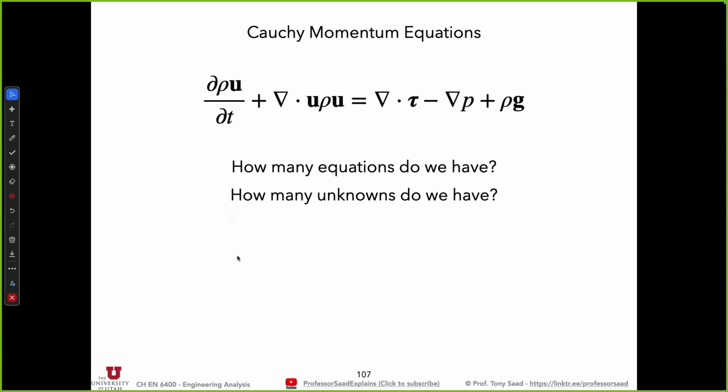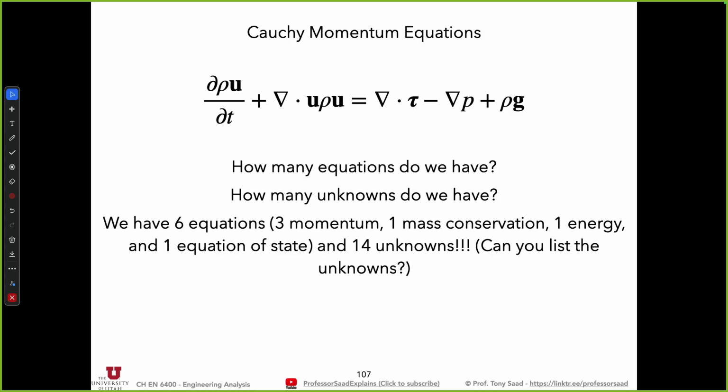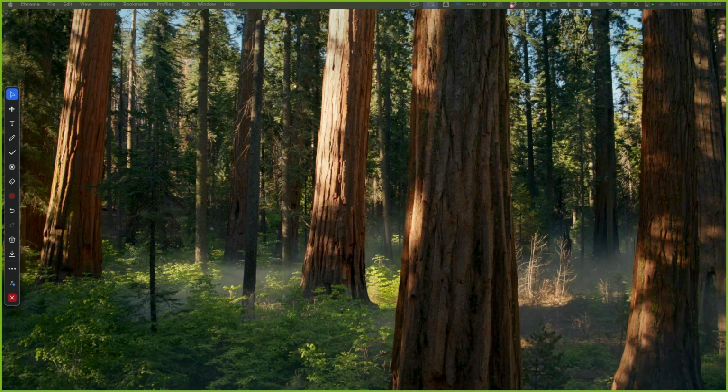They're only called tau xx, tau yx. We don't know what they are. They're just new variables. There are 9 of them. So 9 plus 6 is 15 unknowns.